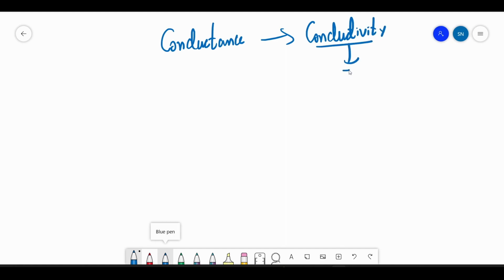It's denoted by sigma. And conductivity is the reciprocal of resistivity. Do you see the connection, the stark similarities? One is resistance, another is conductance. One is resistivity, and the other is conductivity. So this is the reciprocal of resistivity.